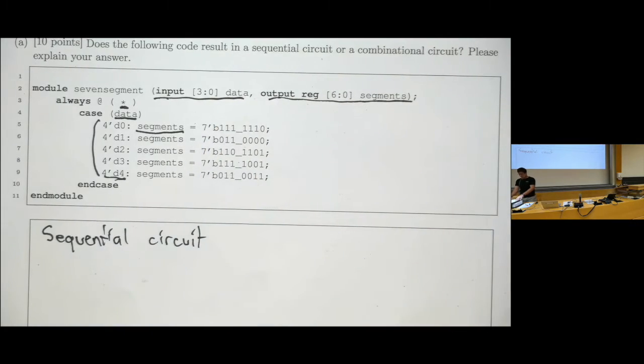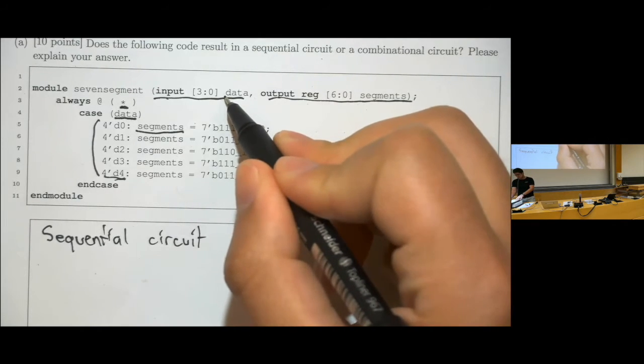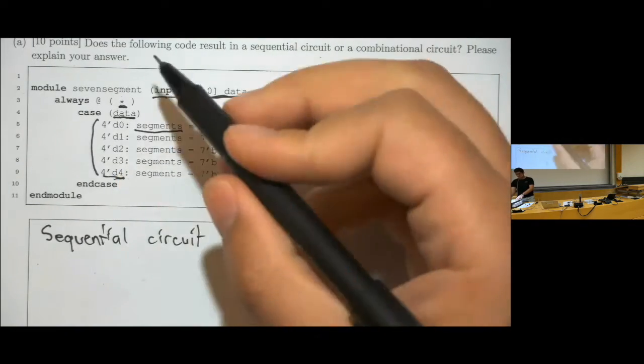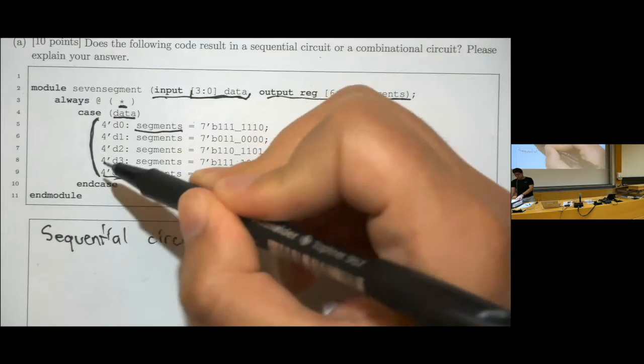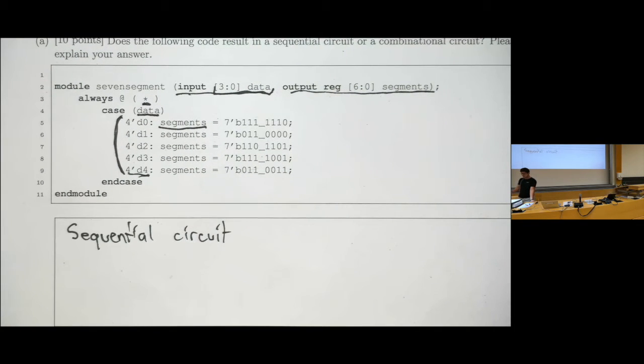And the reason why, I'm going to explain a bit more. So data is 4 bits large, but in the case statement, we're only covering 5 of the available 16 different values, because the data can have 16 values since it's 4 bits.